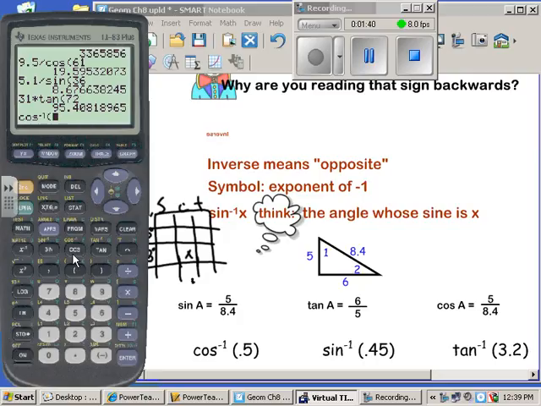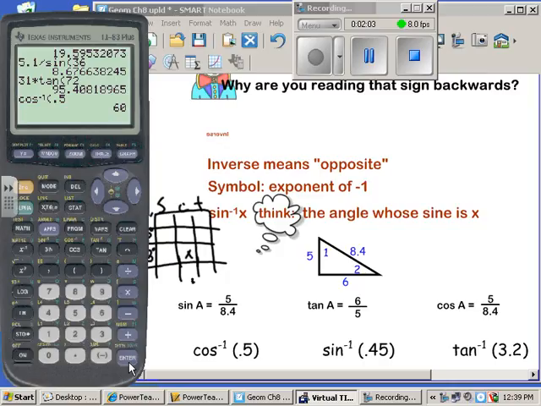So I do second function cosine, and then I type in 0.5. That's the decimal I'm looking for. Hit enter, and it's a 60-degree angle. Didn't we just do that on the homework? We said the cosine of a 60-degree angle was 1/2. So now we said 1/2. The inverse cosine of 1/2 is a 60-degree angle.